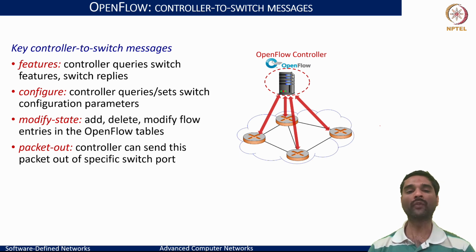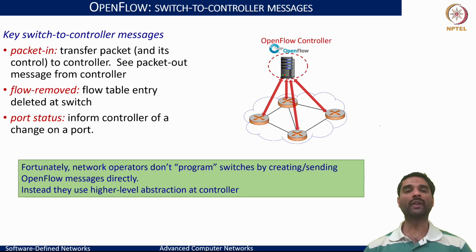Then you have the modify state operation, which is to update the forwarding rules on each of these networking devices. We will look into this in more detail. And packet out is another message where, if a controller wants the switch to send specific kinds of packets, it could use the packet out message.